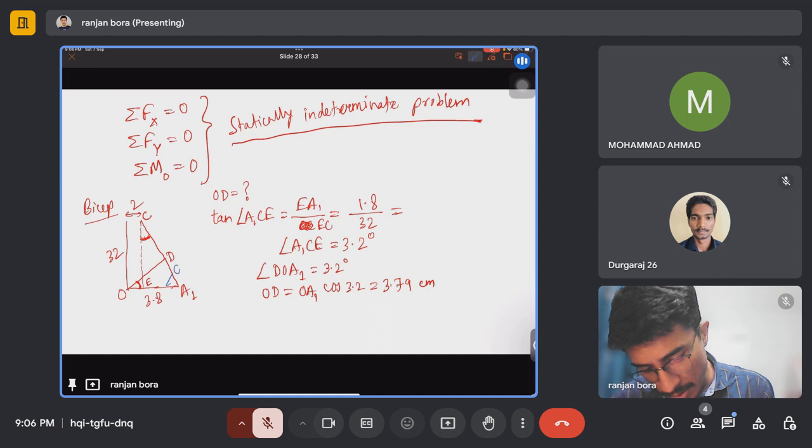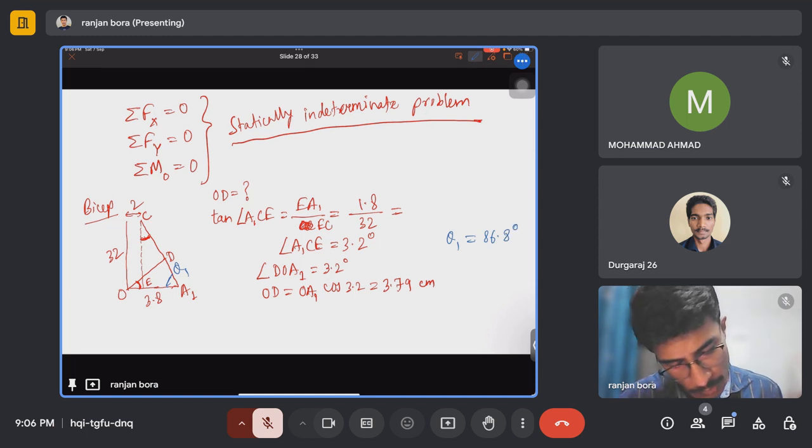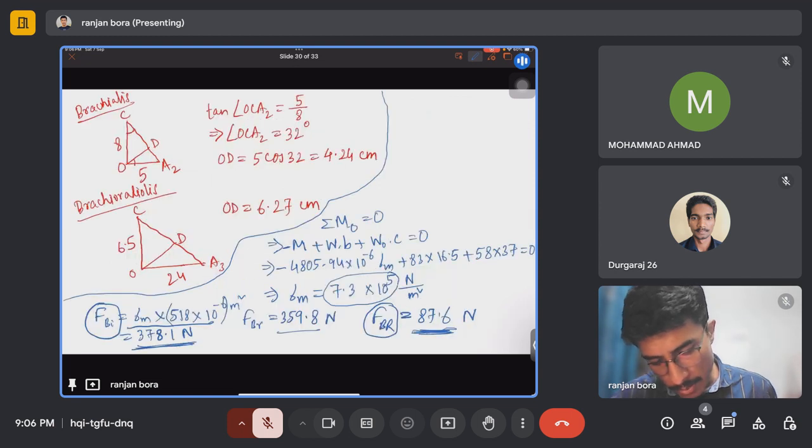This is theta 1. Theta 1 would be 86.8 degree, and theta 3 will be, this is theta 3, oh, I didn't calculate this.